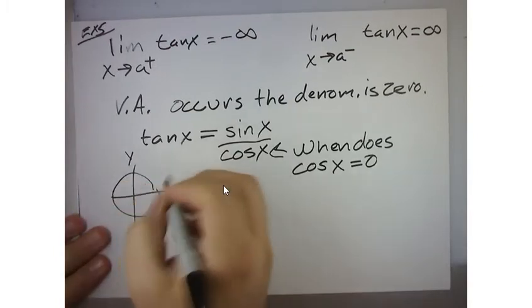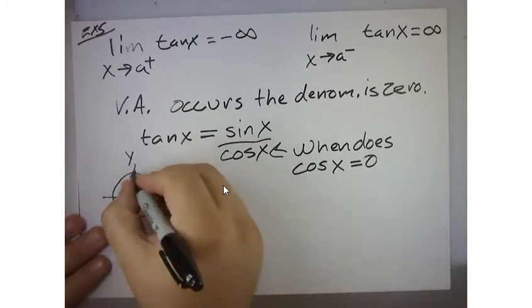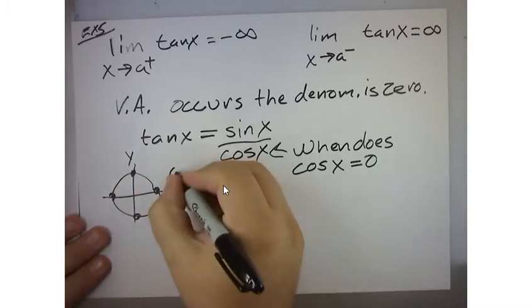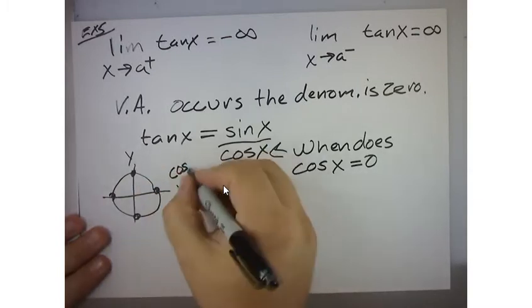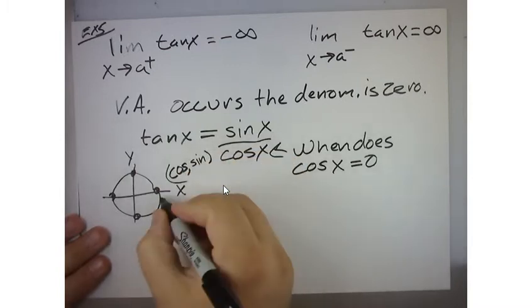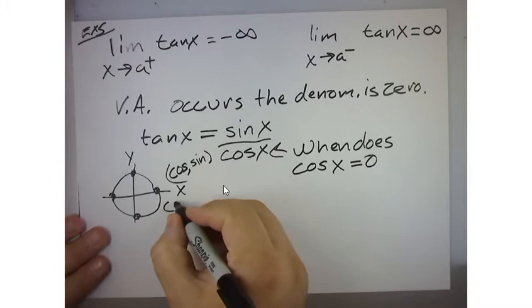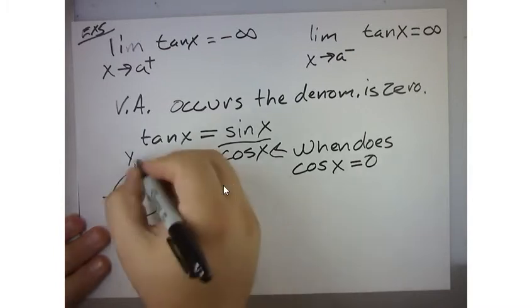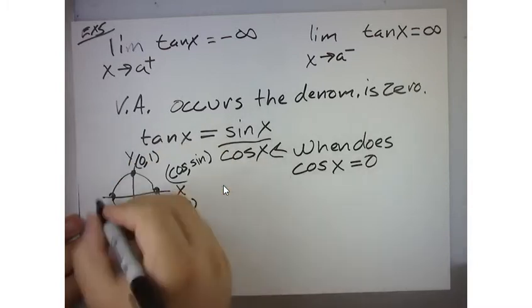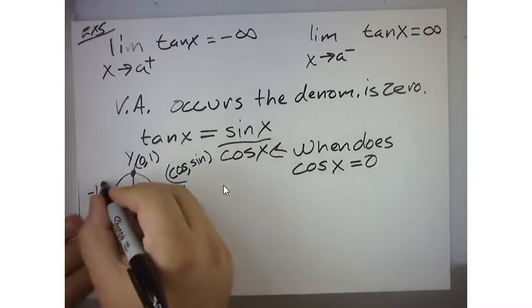That is the unit circle, and it's always going to be cosine, comma, sine. This point here is 1, comma 0. This point here is 0, comma 1. This point here is negative 1, comma 0.